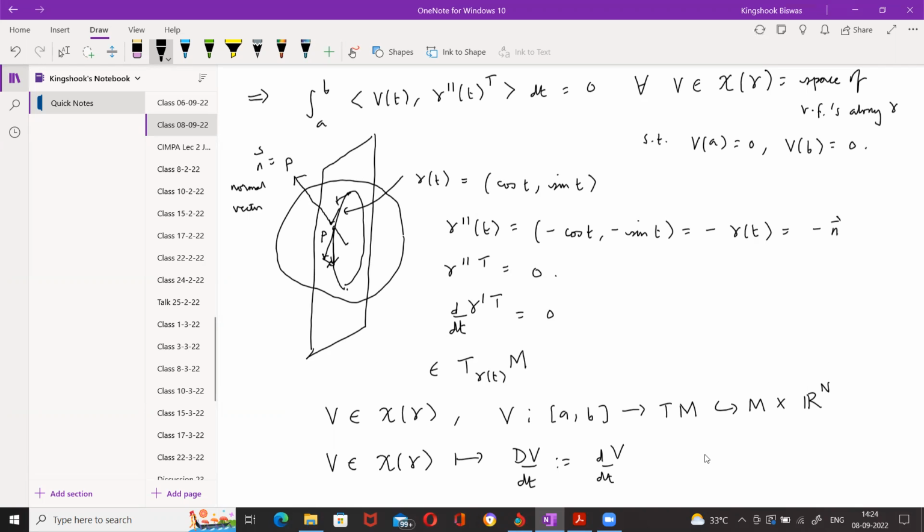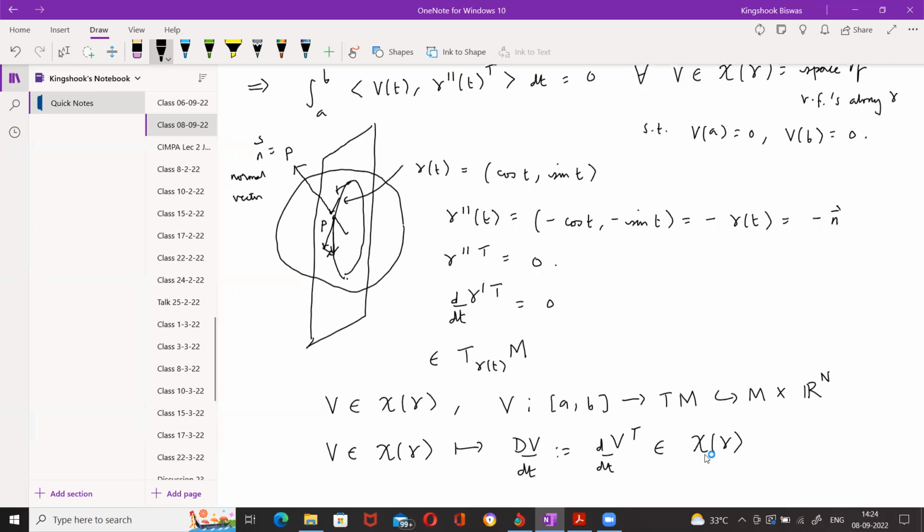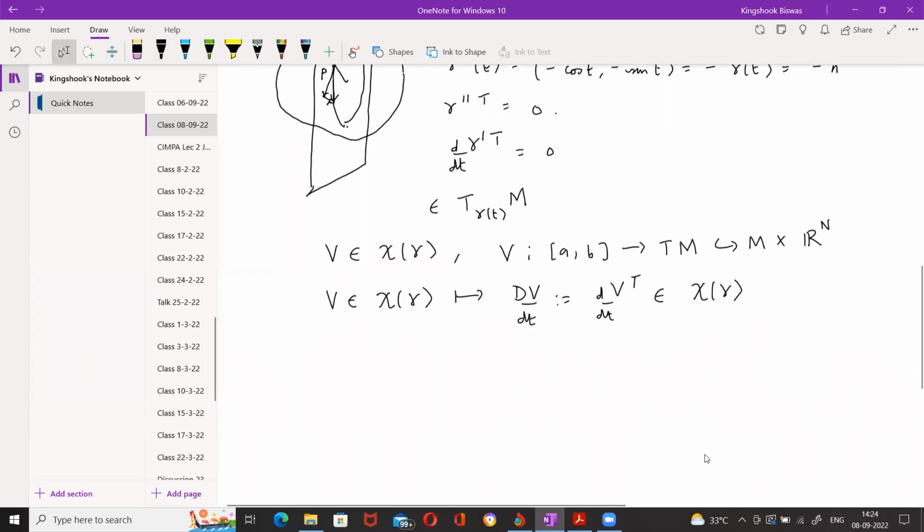I get a vector in Rn, and then I take its tangential component. So this will again be a vector field along gamma, valued in the tangent space to the manifold. Is this clear? And this vector field along gamma, DV/dt, is called the covariant derivative of V along gamma.